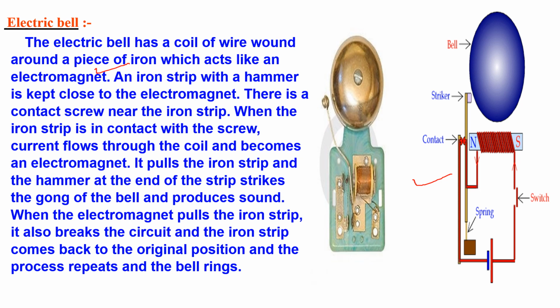It pulls the iron strip, and the hammer at the end of the strip strikes the gong of the bell and produces sound. When the electromagnet pulls the iron strip, it also breaks the circuit and the iron strip comes back to the original position, and the process repeats and the bell rings.